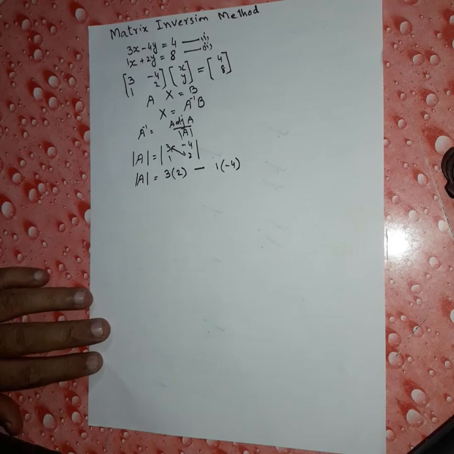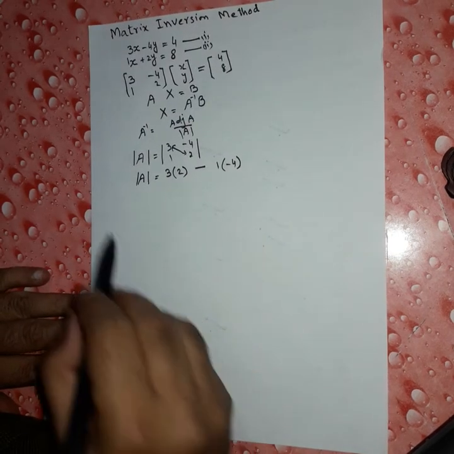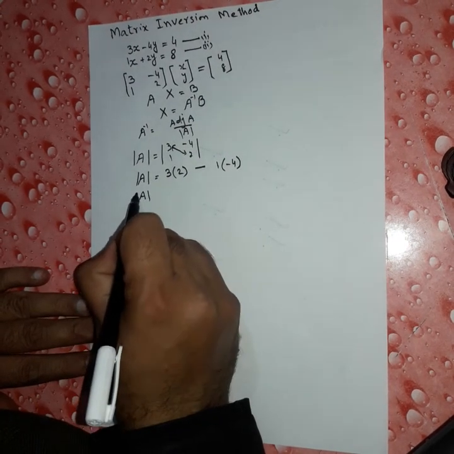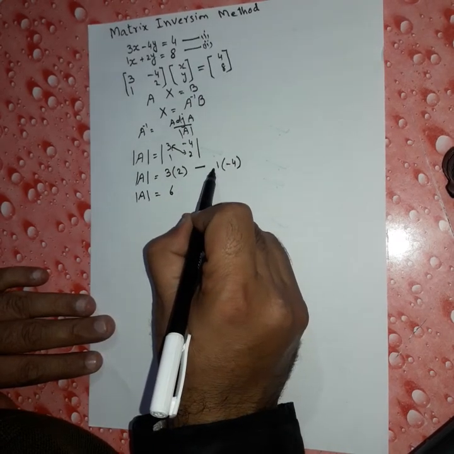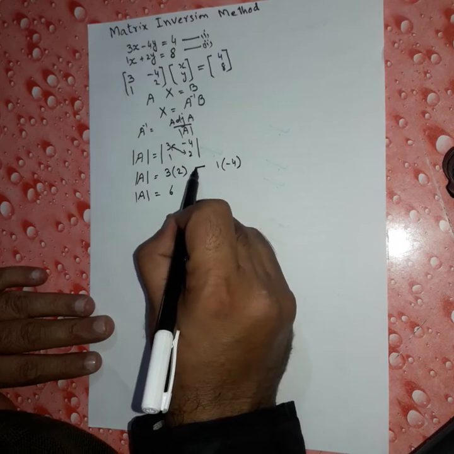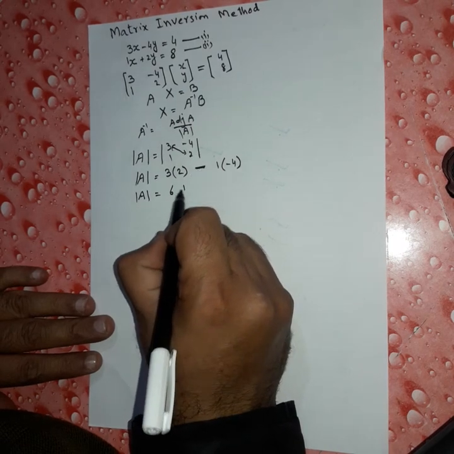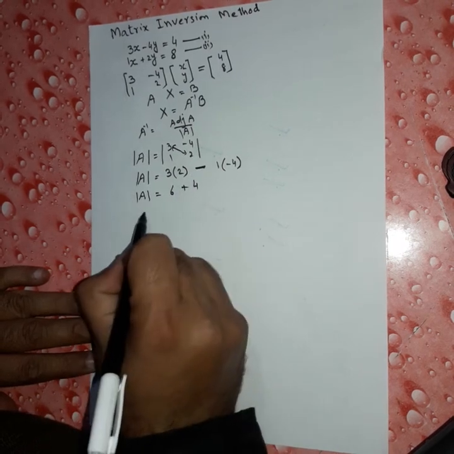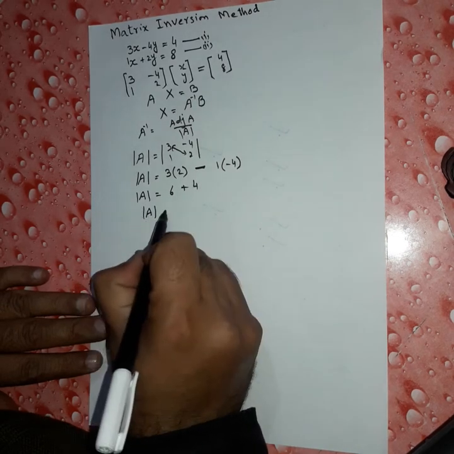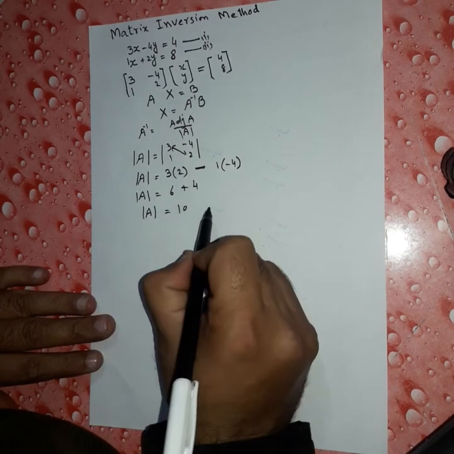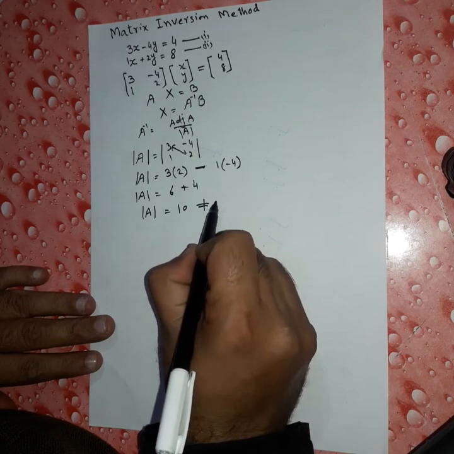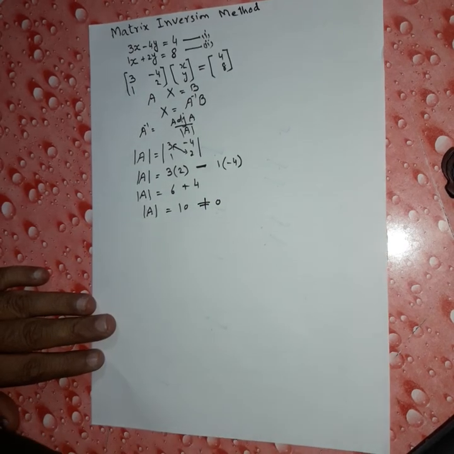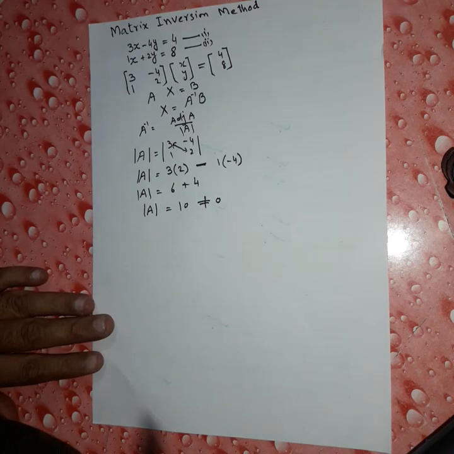This shows that it is a determinant. Determinant of A is equal to 3 2s are 6, minus 4 multiplied by 1 is minus 4, and this minus makes it plus. Determinant of A is equal to 10. If the determinant of A is equal to 0, then the solution is not possible. Since its determinant is non-zero, the solution exists.